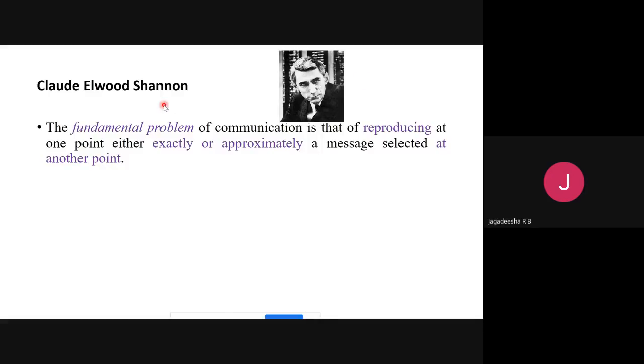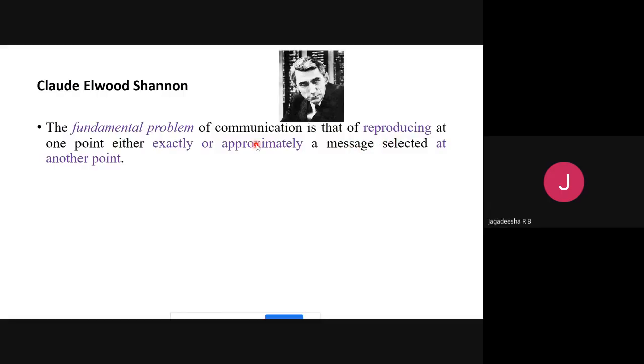He envisioned the biggest problem of communication: how to reproduce the information at the other side. That is, you transmit the information from the source to some faraway point, to some destination. Then that information should be exactly or approximately reproducible.